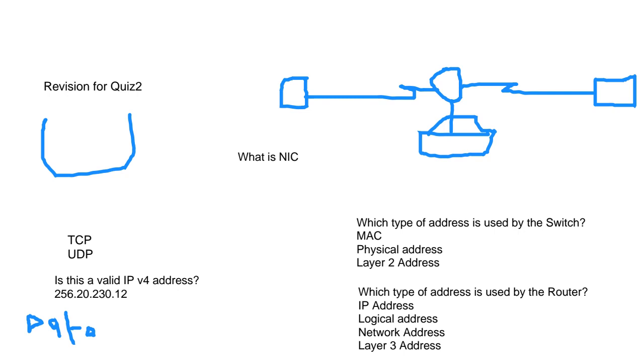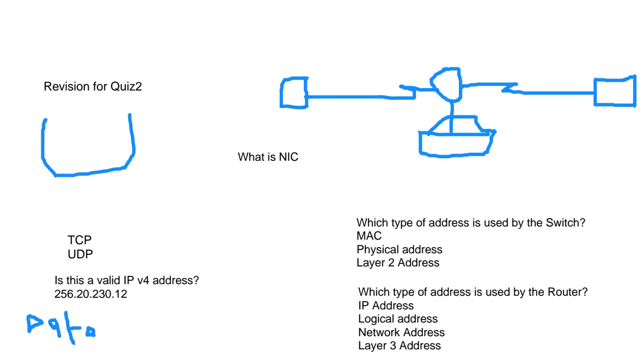In the transport layer, look at your PowerPoints, no problem, it's called segment. In the internet layer or network layer, it is called packet.